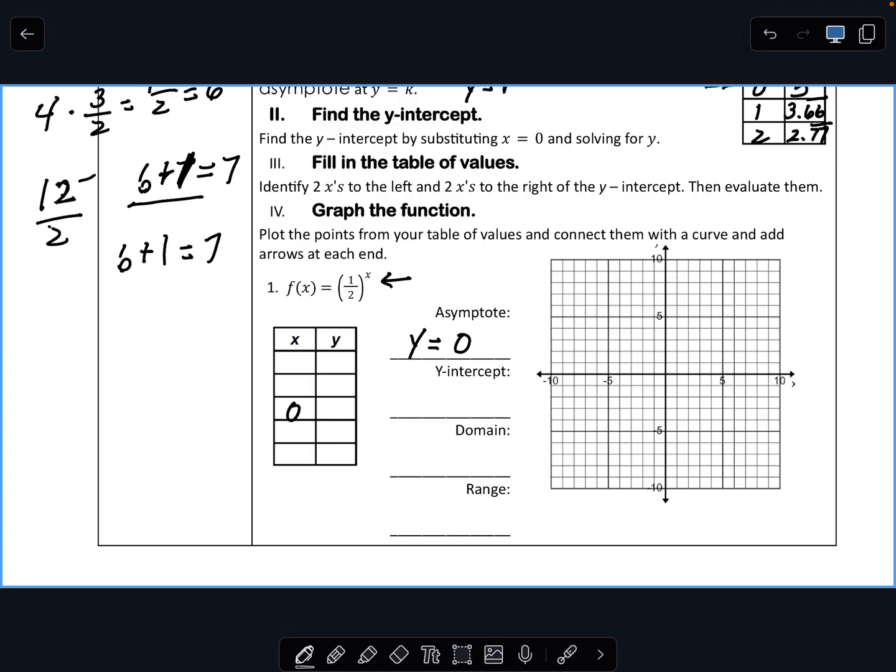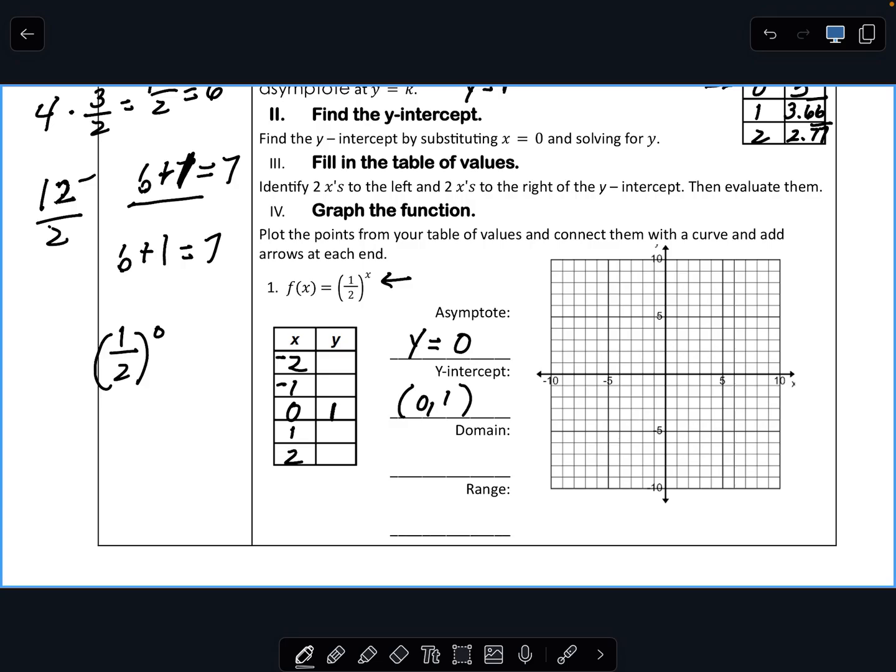With exponential, you're always going to have a 0 there in the center. And then you'll go -1, -2, 1, and 2. So let's put 0 into our function rule, which is going to equal 1, because anything to the 0th power is the number 1. So our y-intercept is 0, 1.